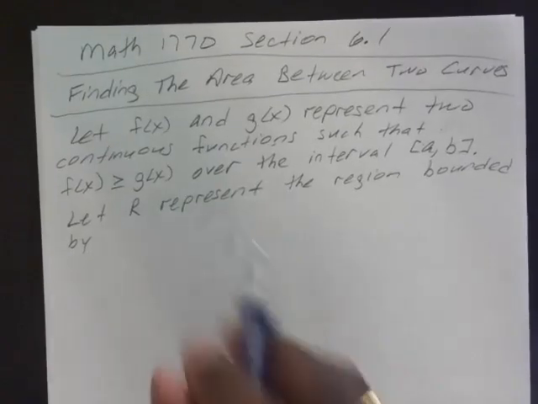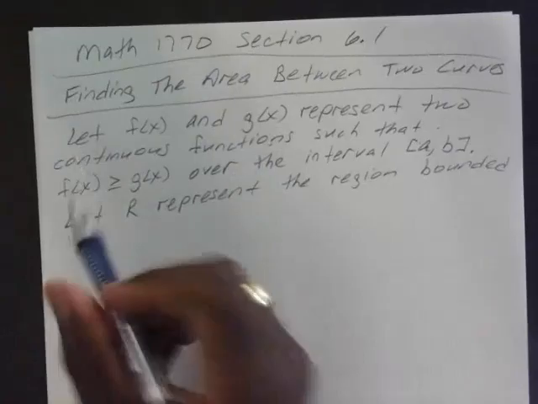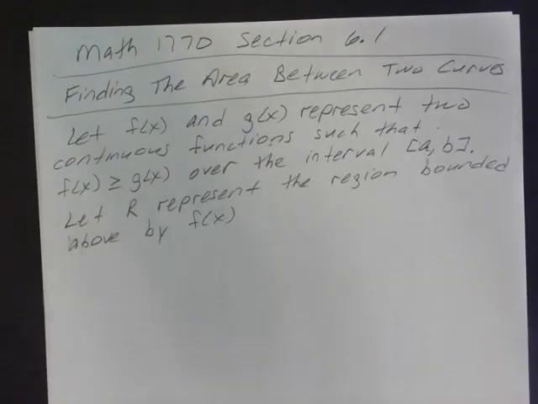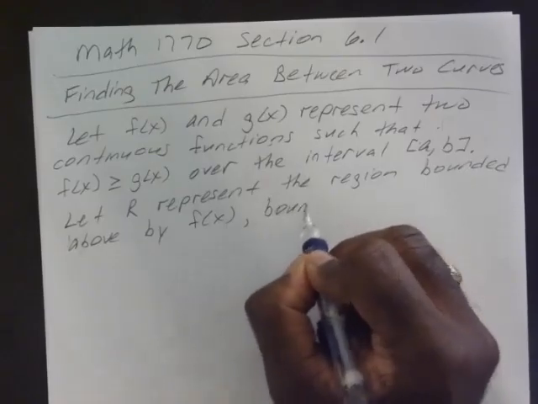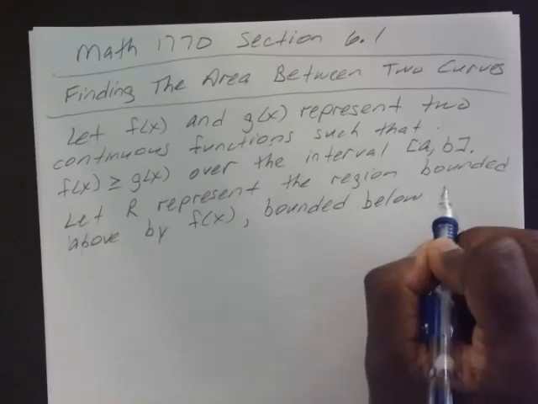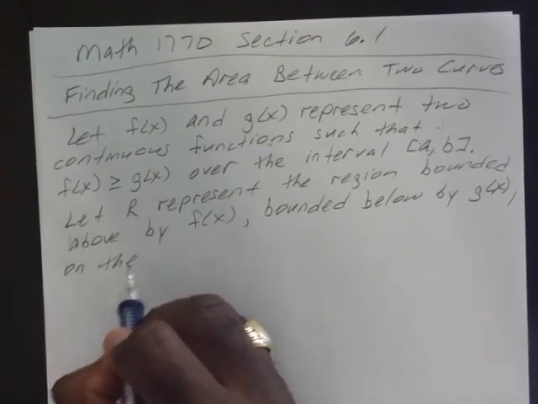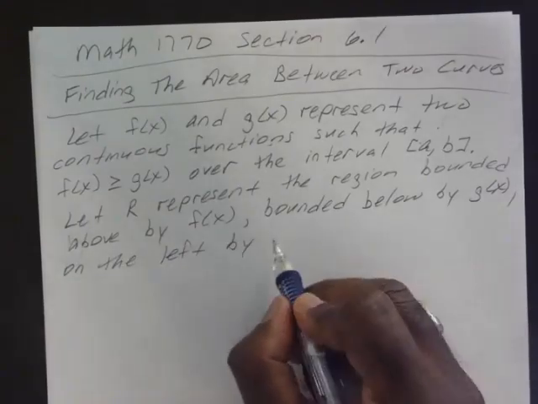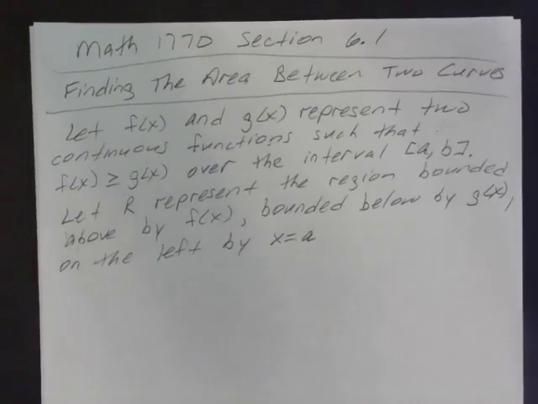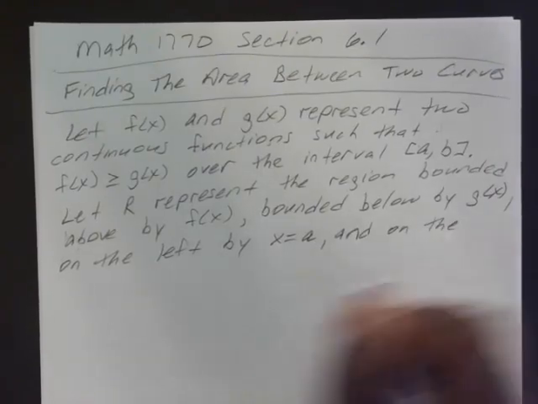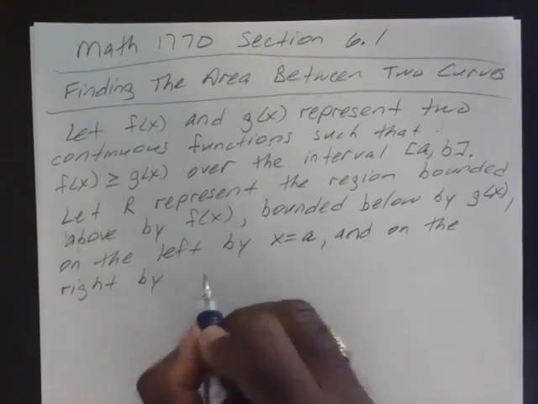Bounded above by the function f of x, bounded below by the function g of x, on the left by x is equal to some value a, and on the right by some value x is equal to b.